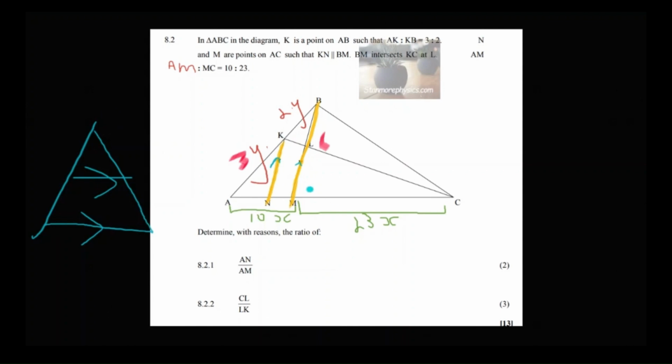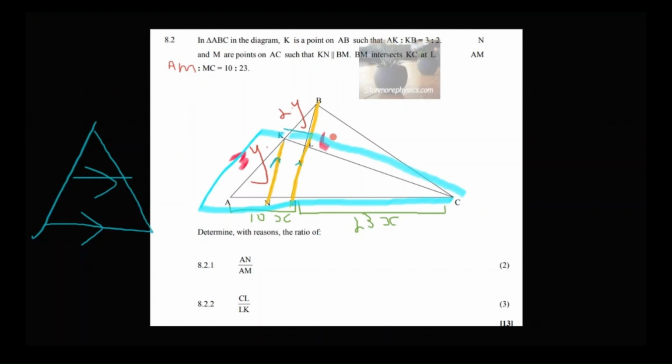So we can clearly see we have triangle KCA. That's one triangle, KCA. In triangle KCA, we have two parallel lines, and those two parallel lines divide the sides of the triangle in proportion.